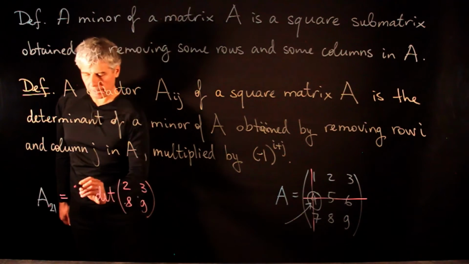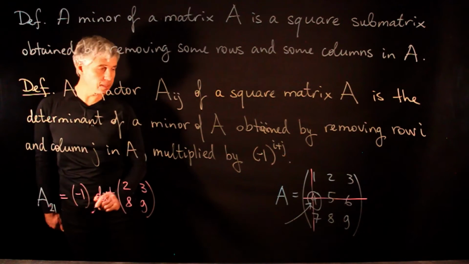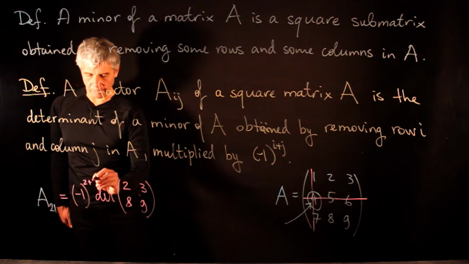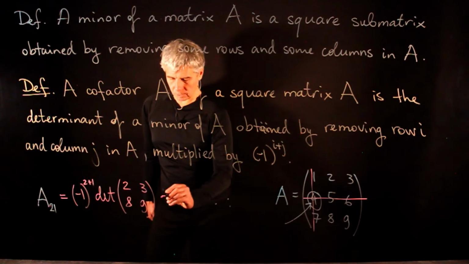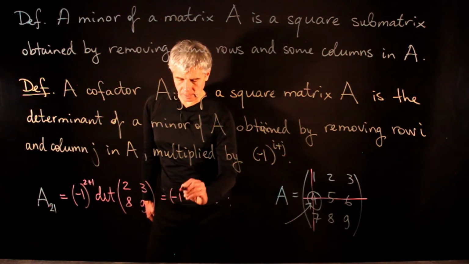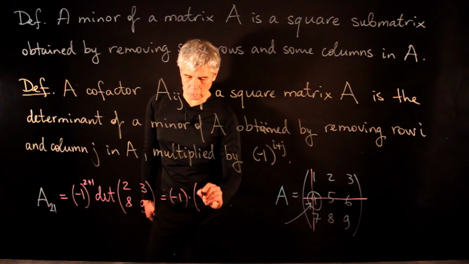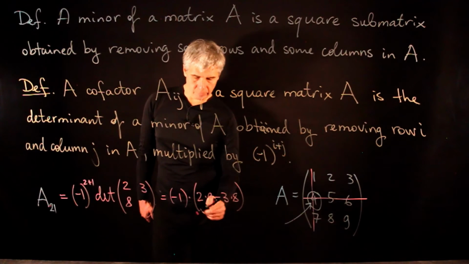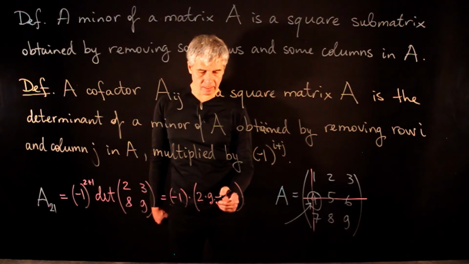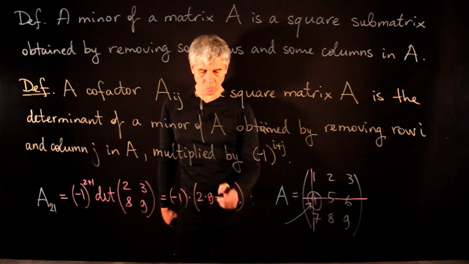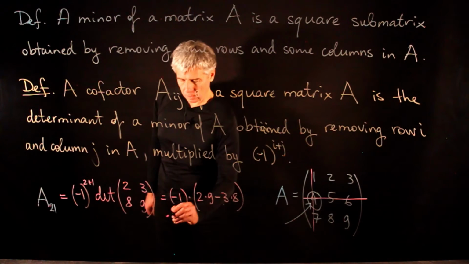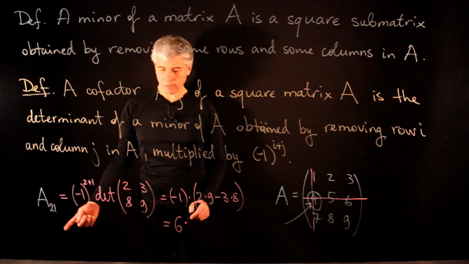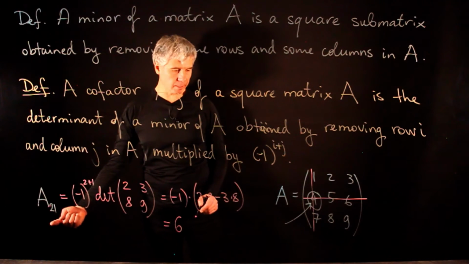And we multiply this by the sign, which is -1 to the 2 plus 1. So now this becomes -1 times 2 times 9 minus 3 times 8. So here we have 18 minus 24. So this is -6, times -1. So this is +6. This is the value of cofactor A21 for this matrix A.